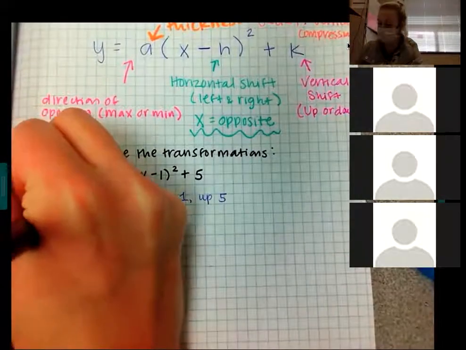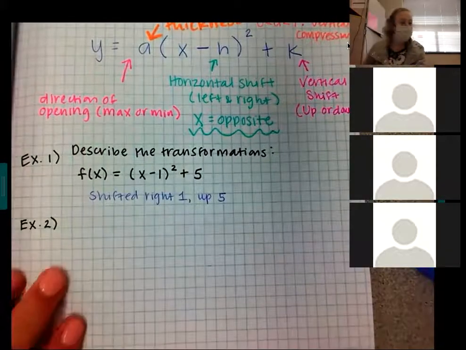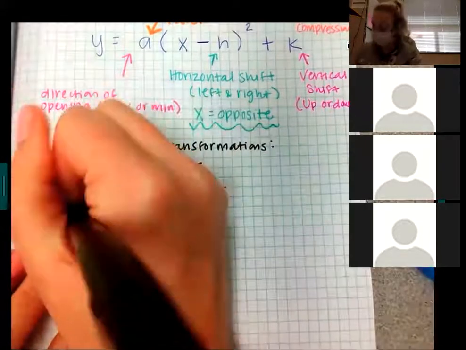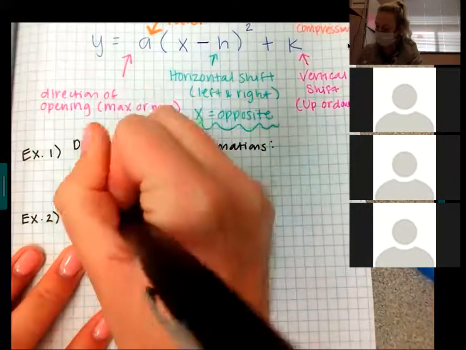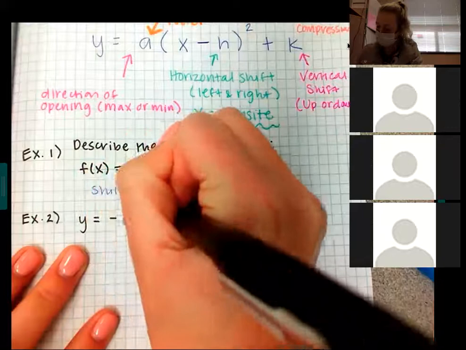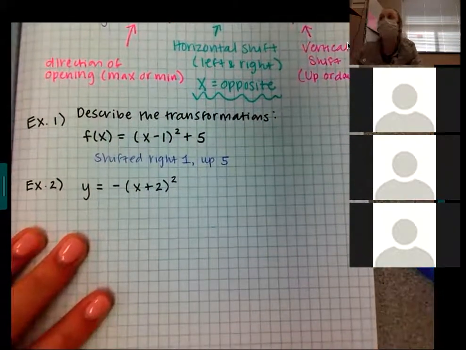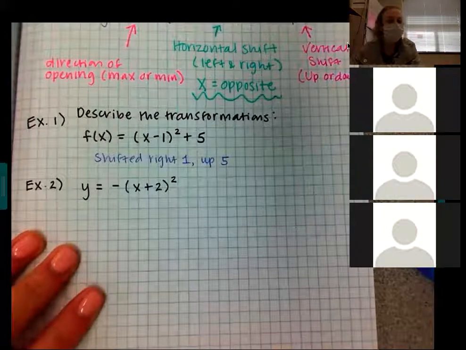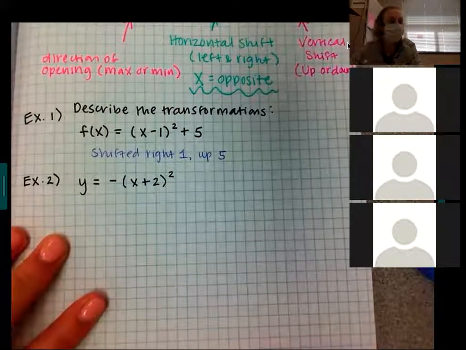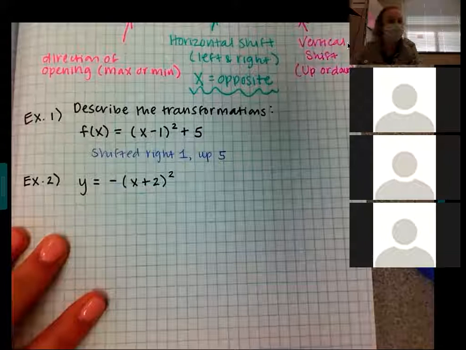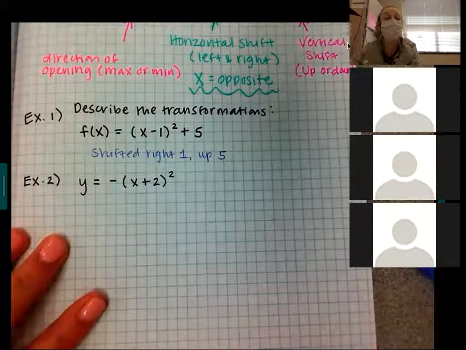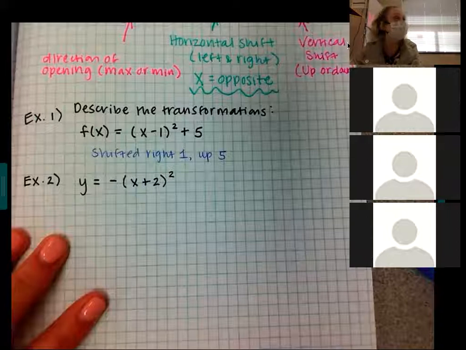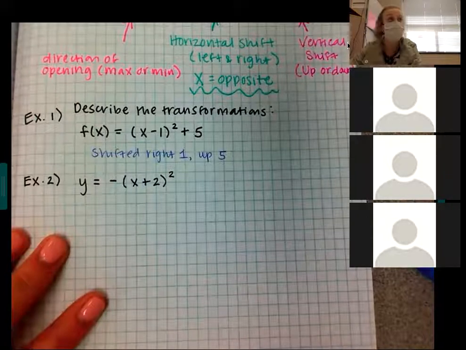Example 2. How did this one move? So what's the vertex of this one? (-2, 0).